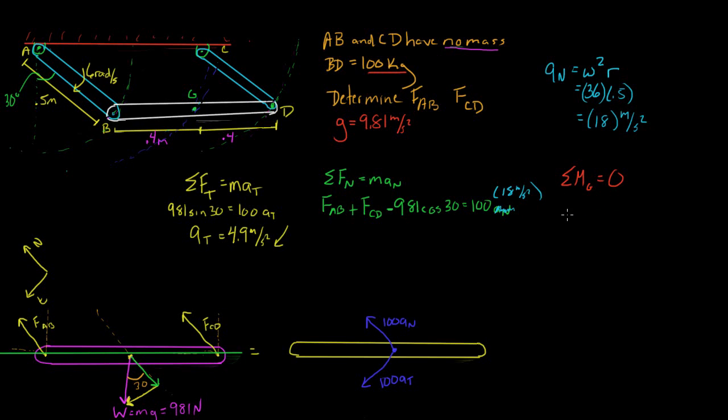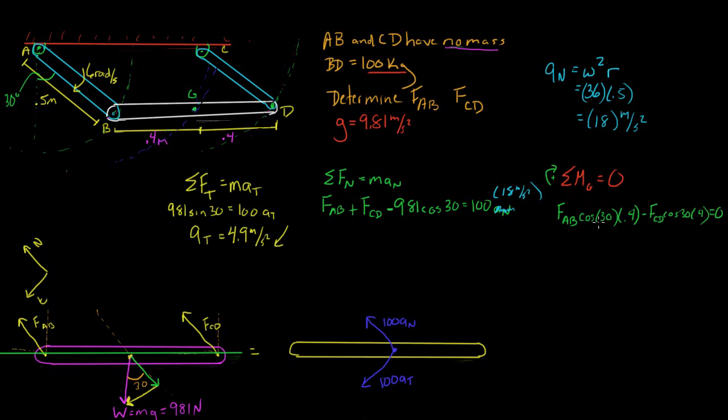So we have this force of AB times, what's this? The cosine of 30 times the perpendicular distance from here to here, which is 0.4. I'm doing this as my positive, so then this one's going to be negative: FCD cosine of 30 times the perpendicular distance of 0.4 is equal to 0.